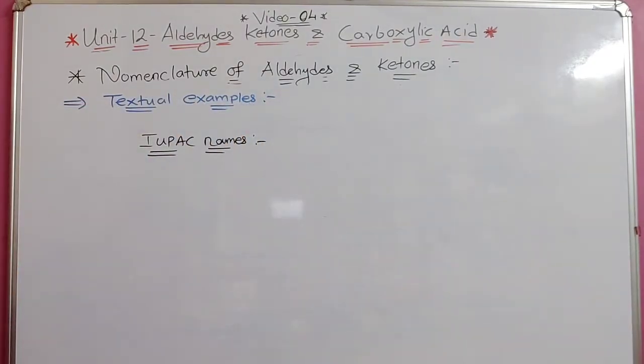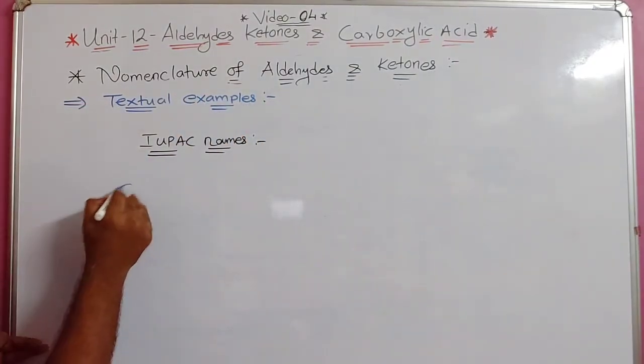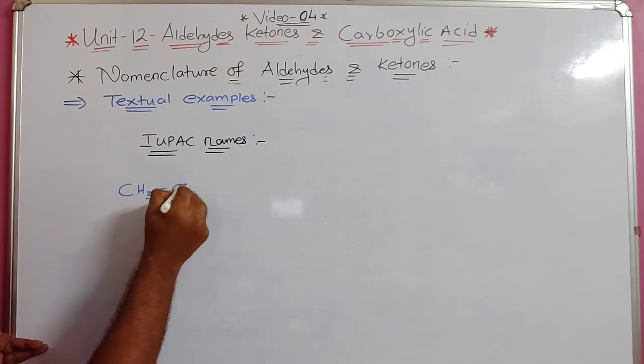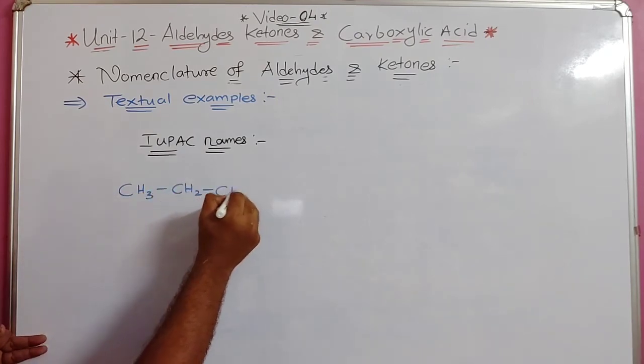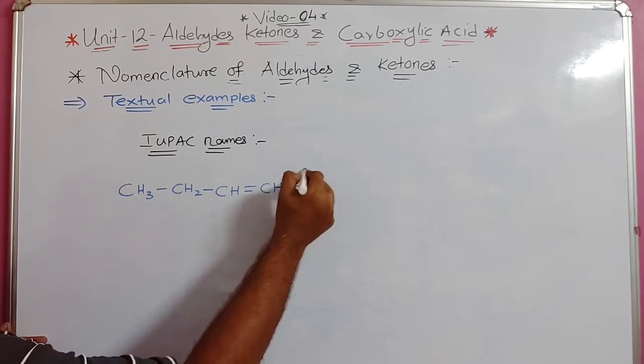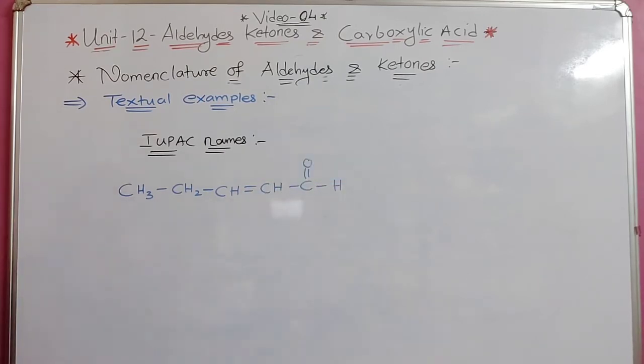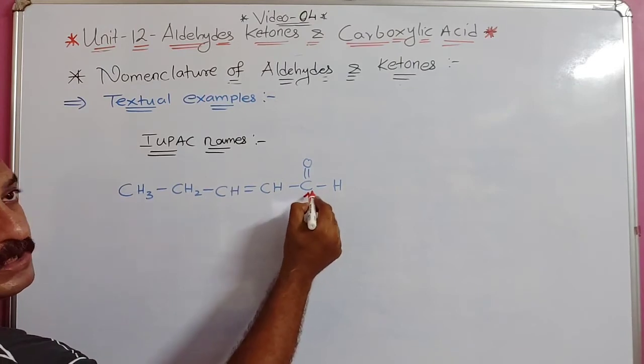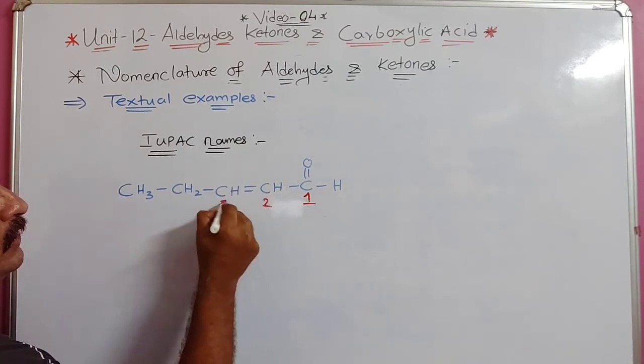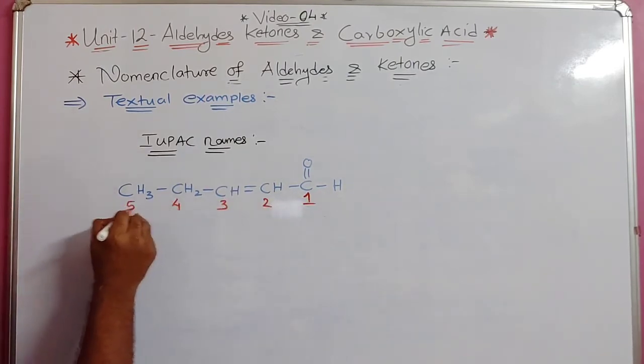Now another example, if you see, it is written like this: CH3, CH2, CH double bond CH and C double bond O and H. Now in this case also, as I informed you already, always remember this one will be number 1, the aldehyde carbon, then 2, 3, 4 and 5.